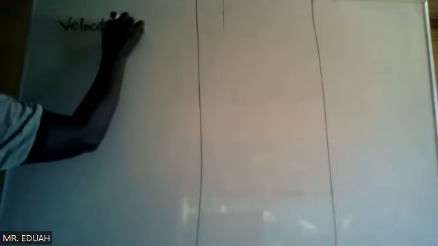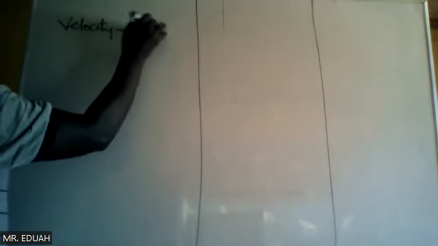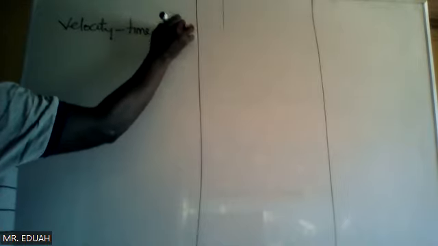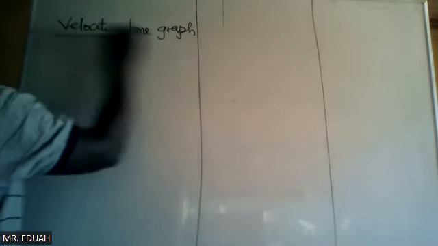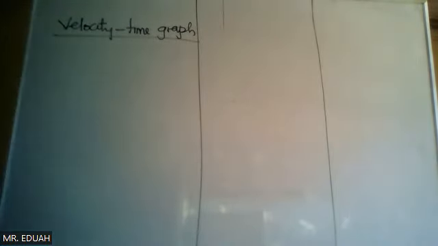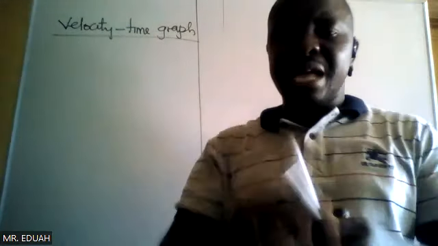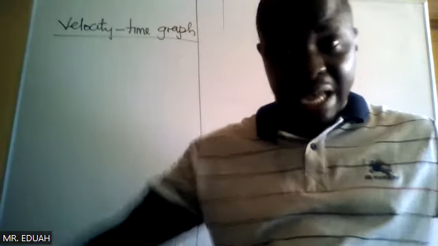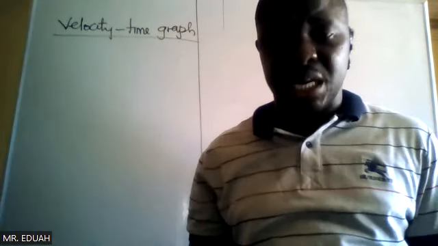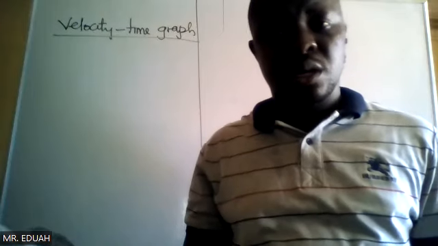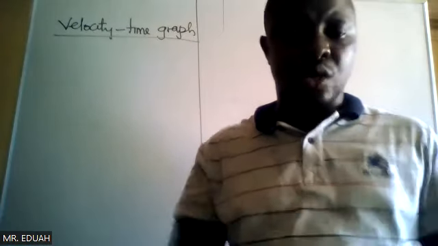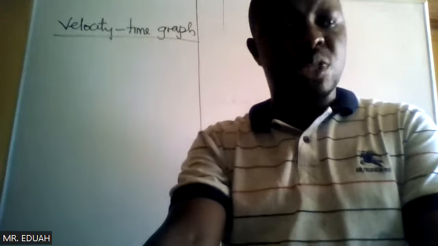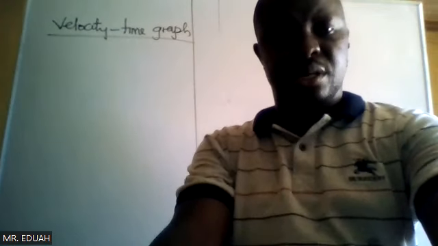Velocity time graph. So here, what we are doing is that we are plotting either the speed or the velocity of the body against time. Time is an independent variable, and so that is always plotted along the horizontal.